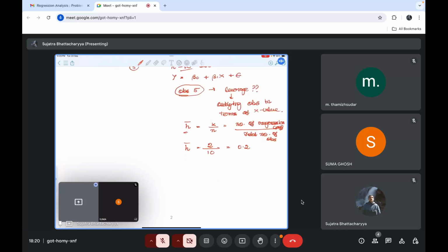And the criterion to check whether it's a leverage point or not is that your Hii should be greater than 2 times H bar. 2 times H bar is 2 into 0.2, which is equal to 0.4. So Hii should be greater than 0.4. This should be the threshold or critical value. If it crosses 0.4, then we will call it a leverage point. If it does not, then it is not.